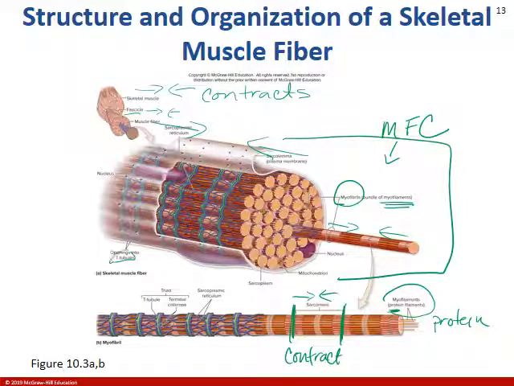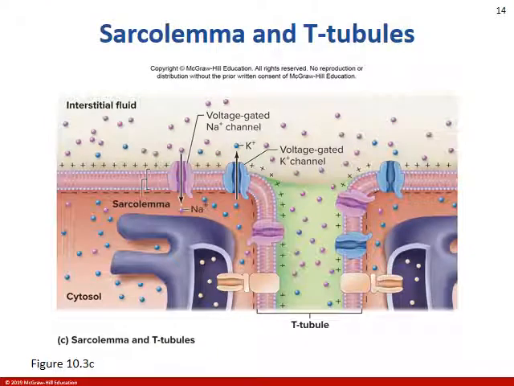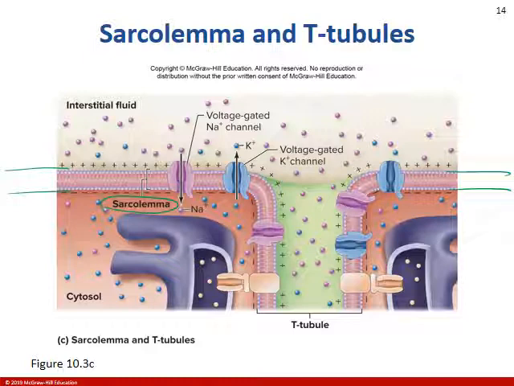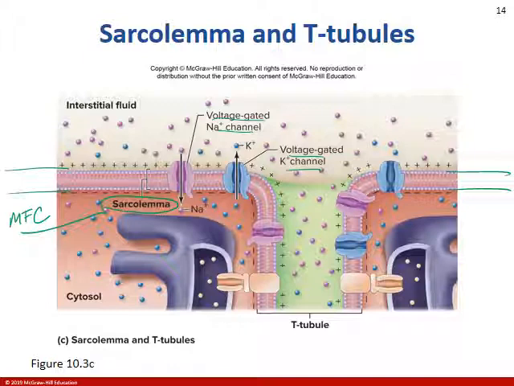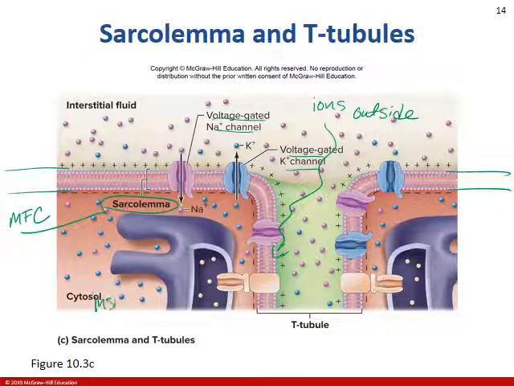Here are the T-tubules. So the T-tubules are here in green. The terminal cisternae flank both sides, and the terminal cisternae store calcium. Now we get even more technical. Don't get scared. This is our sarcolemma. So what are we talking about? If I have a sarcolemma, I have to be talking about a muscle fiber cell. They want to show you that there are specific gates or channels that are going to open and close, that we're going to see ions shift from outside to inside.